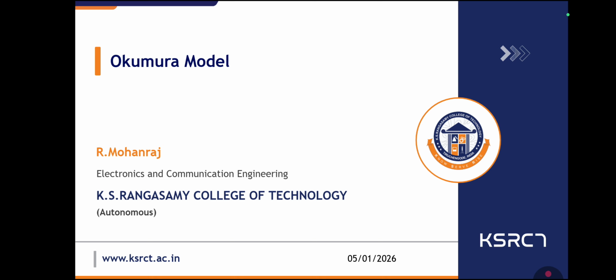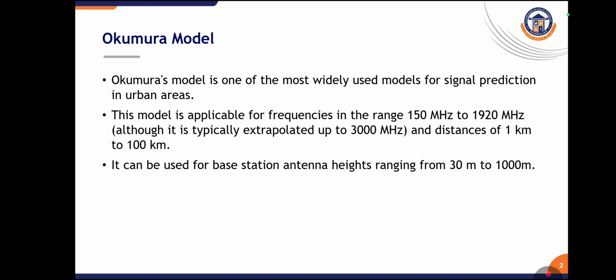So what is meant by the Okumura model, what are its applications, and where can it be used? First, the Okumura model is one of the most widely used models for signal prediction in urban areas. The network can be classified into urban areas and rural areas.